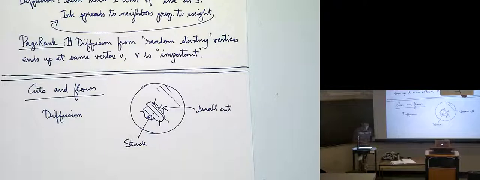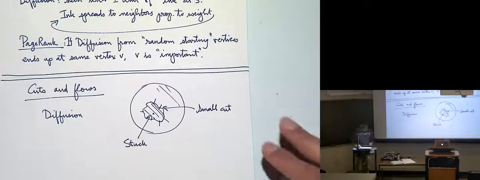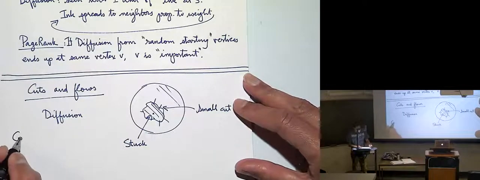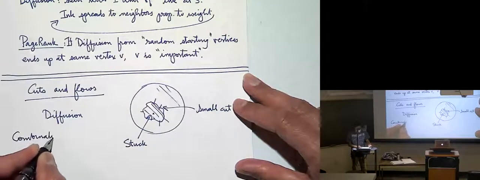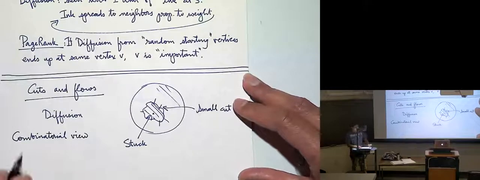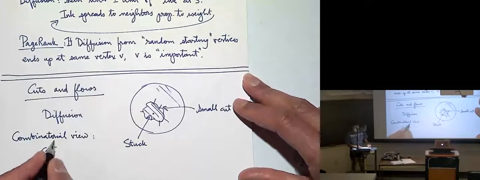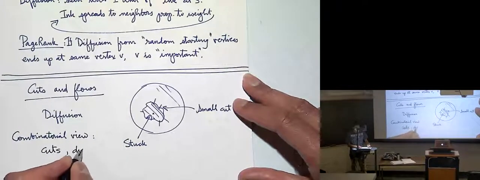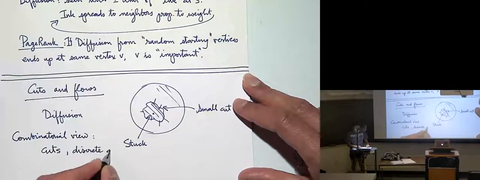Okay, so another interesting thing that happens in this is it connects two things. The combinatorial view. The combinatorial view here is cuts and the discrete graph perspective.